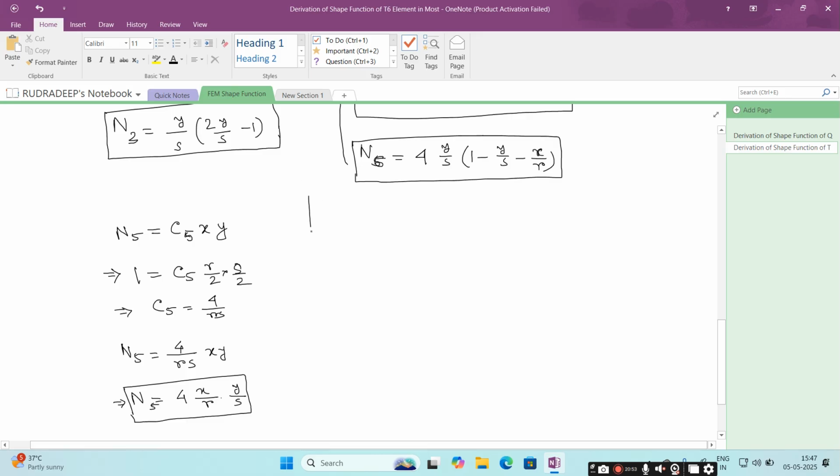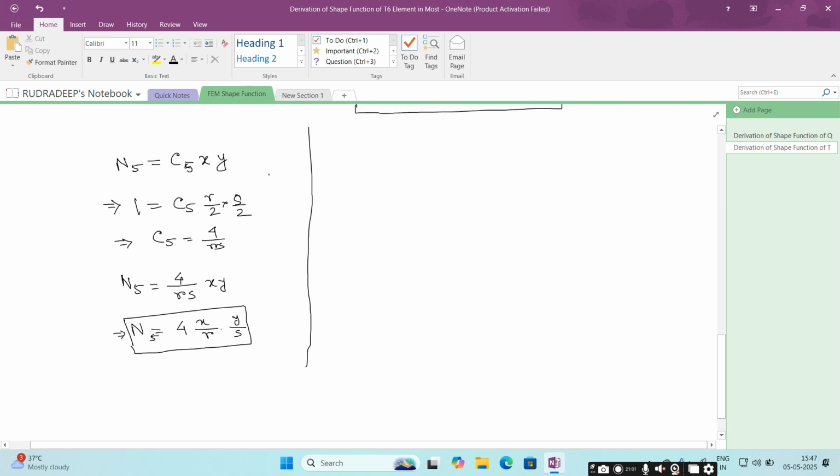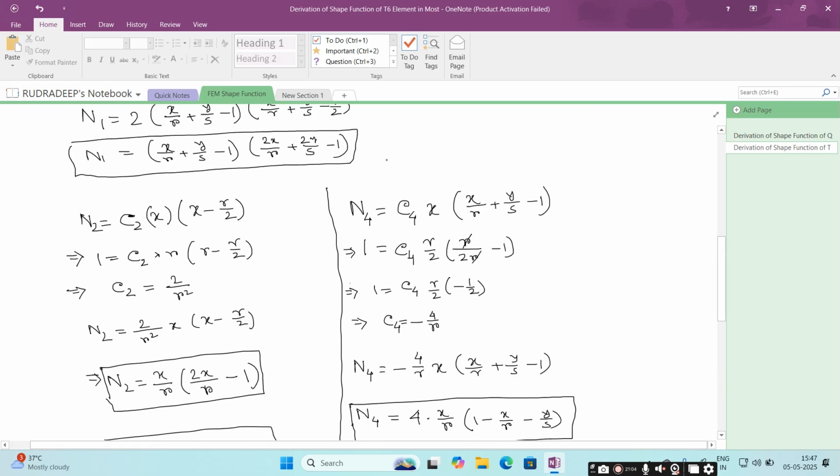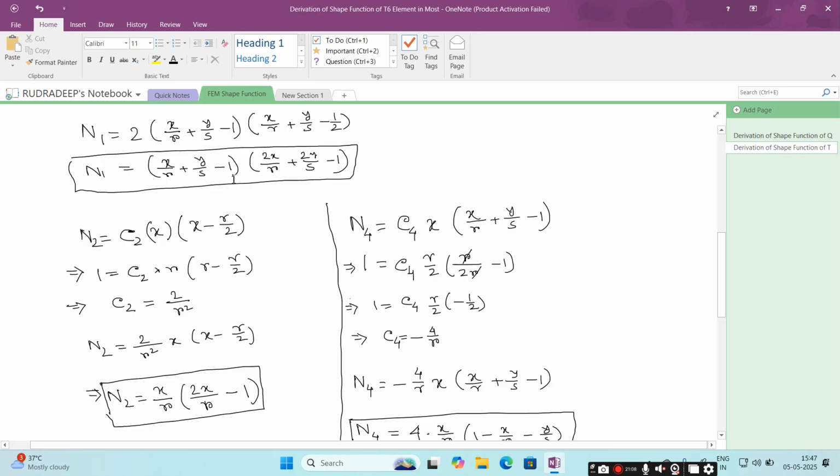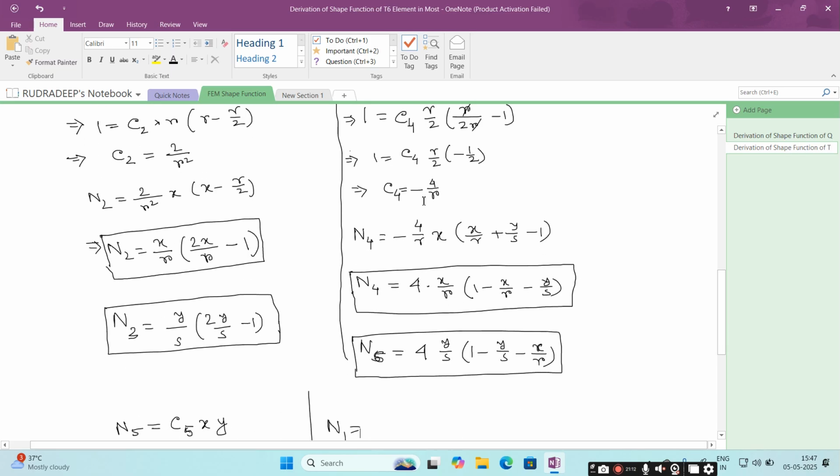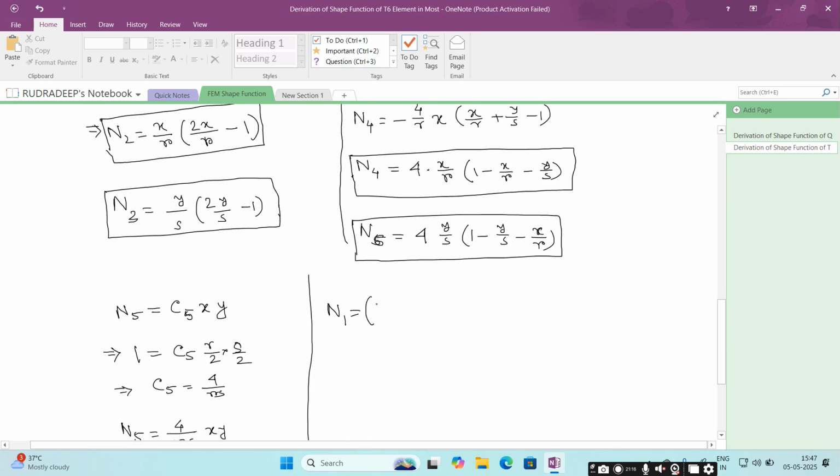So let's write down all together. N1 we got x by r plus y by s minus 1, into 2x by r plus 2y by s minus 1. N2 we got x by r into 2x by r minus 1.